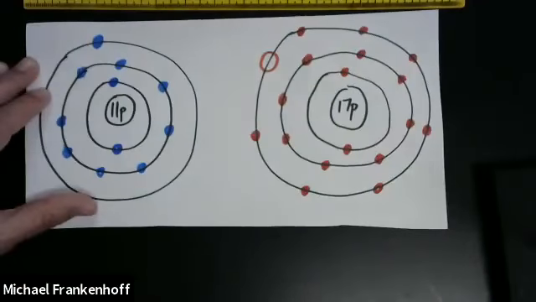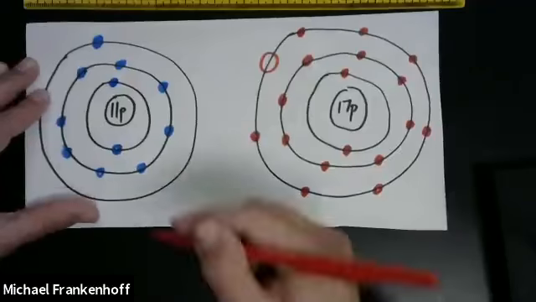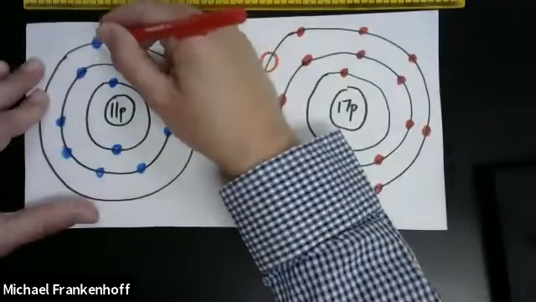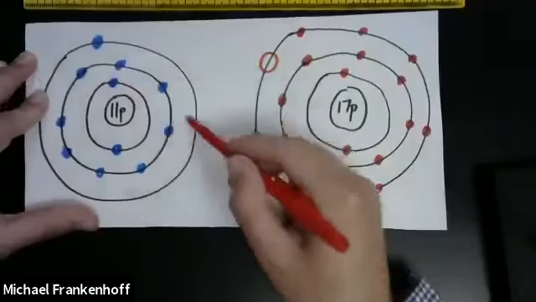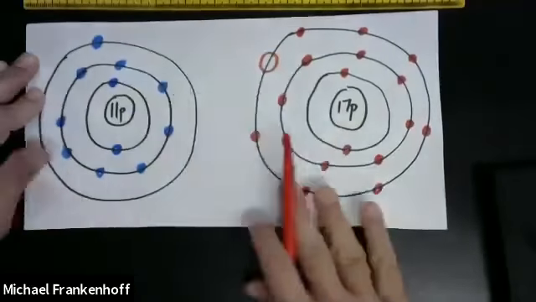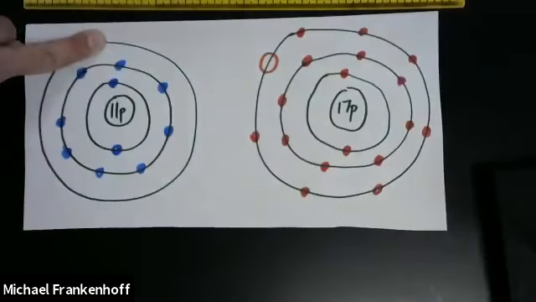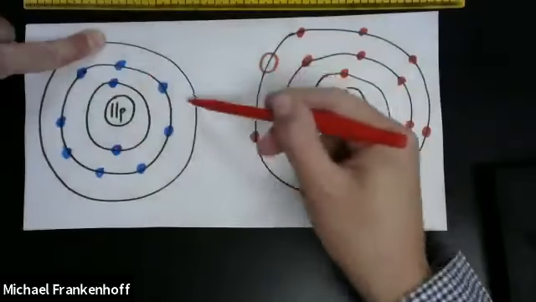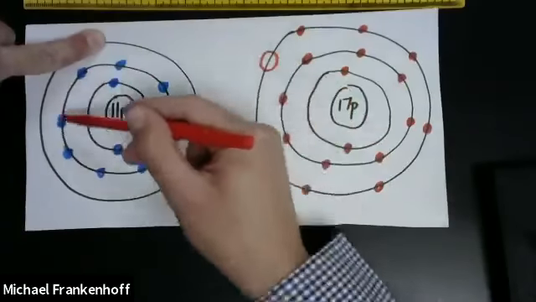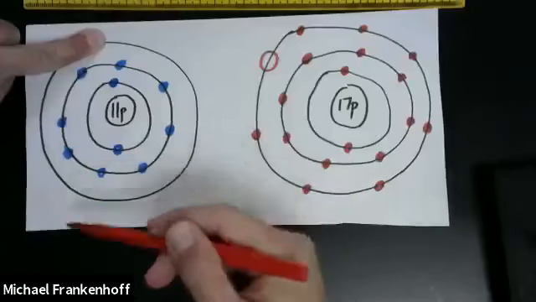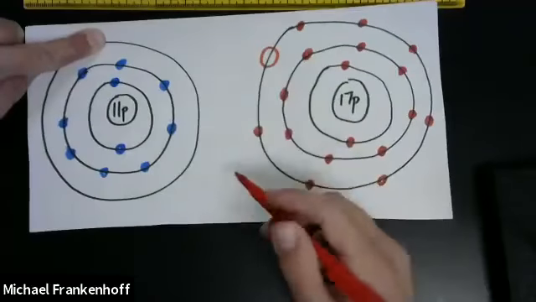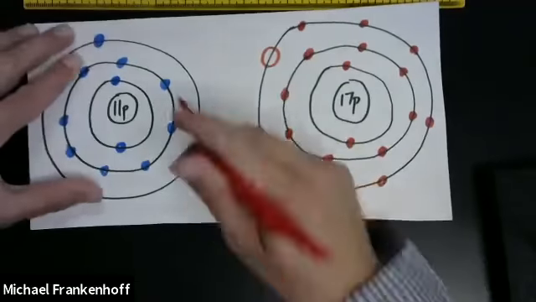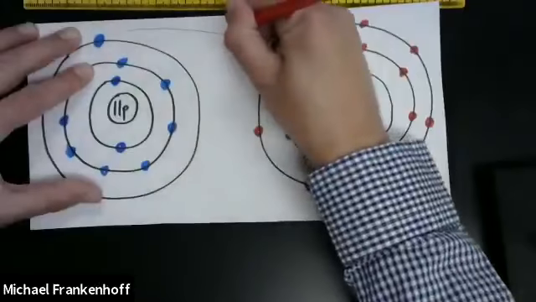Now here's the thing. For sodium, it's actually easier to totally get rid of this electron rather than gain 7. If it gets rid of this 1 electron, it's as if that energy level doesn't exist, and then it does have a full outer shell. We would just drop down to the second energy level. So that's what it does. It spits the electron out.